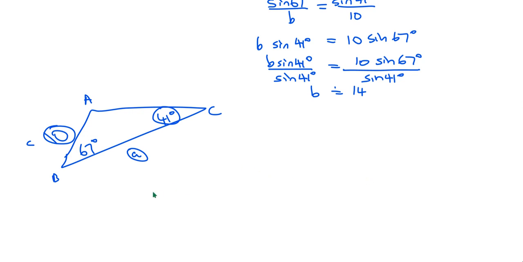For this example, I can easily calculate the angle across from little a, because angle A is equal to 180 degrees minus the other two angles. So this is going to be 180 minus 67 minus 41, which is 72 degrees.